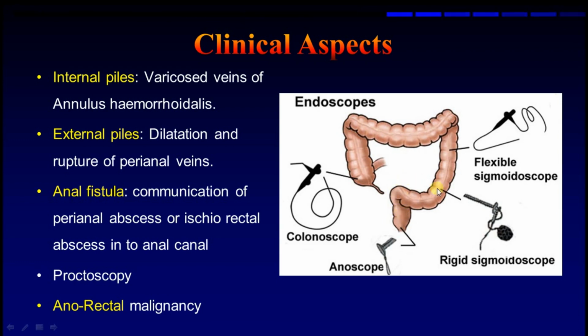He has to clear the Houston valves and only then will he be able to view the sigmoid colon. Colonoscopy views the whole colon, using a colonoscope. And malignancies are also common in the anal canal, not only in the rectum.